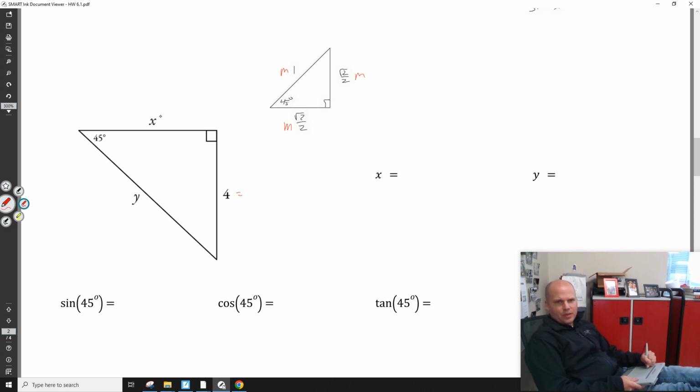My leg length, x has to be 4. It's isosceles. Okay, boom. What is my diagonal length? Okay, well, let's just find what our multiplier is. Root 2 over 2 times your multiplier is 4. That's going to have to be what the hypotenuse is, the multiplier. Multiplied by 2 over root 2 to solve. That's 8 over root 2, which is 8 root 2 over 2, which is 4 root 2.